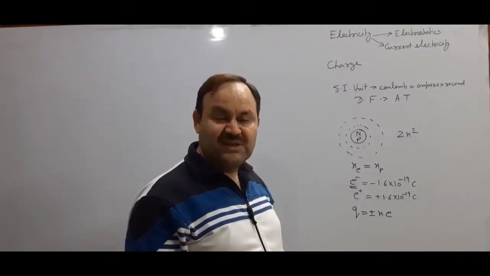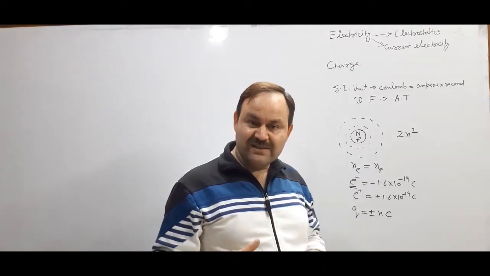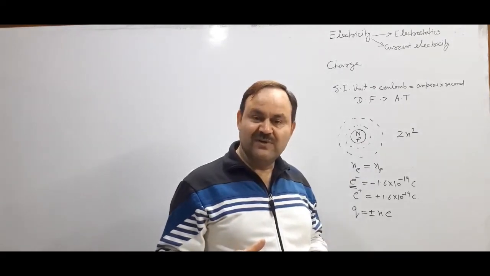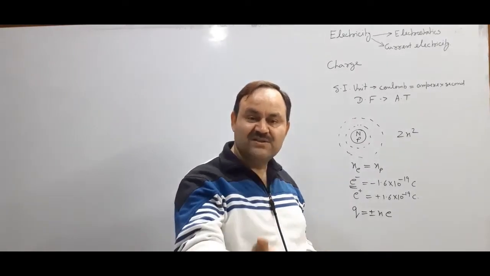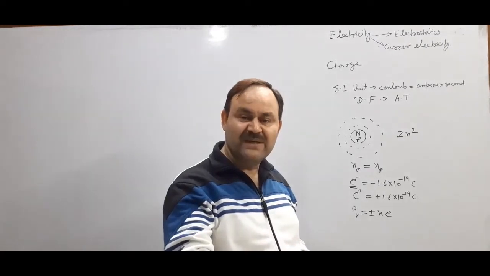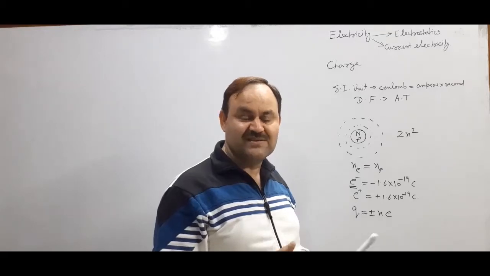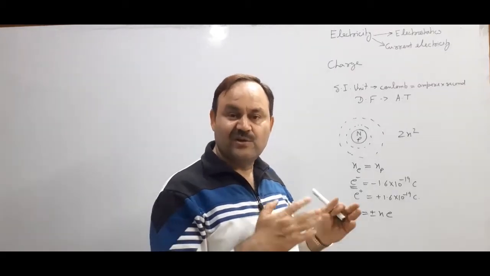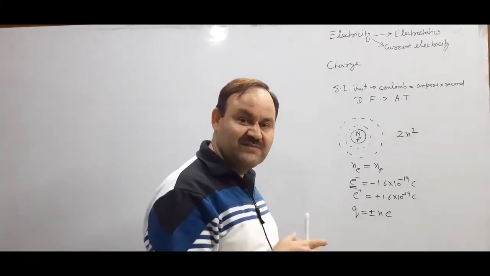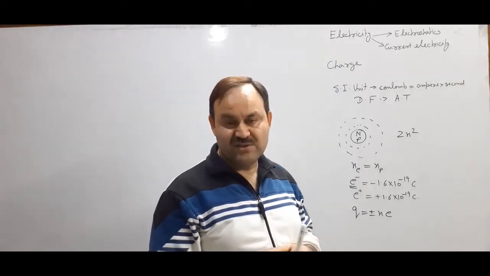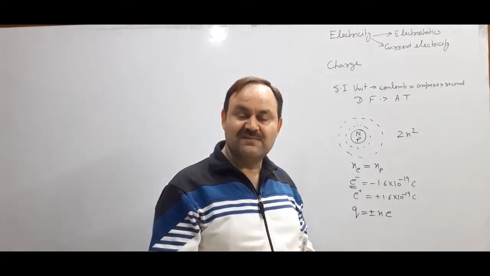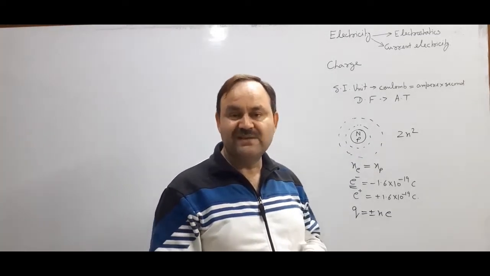Also, the charge gained by one body will be positive, while the charge gained by another body will be negative. Also, the amount of these charges will be the same. Hence, total charge before chargification was 0, and after chargification also it will remain 0.